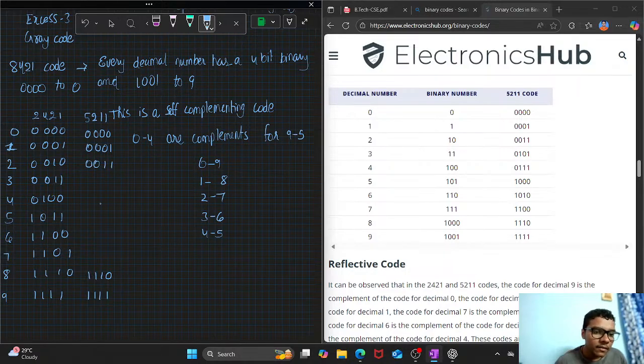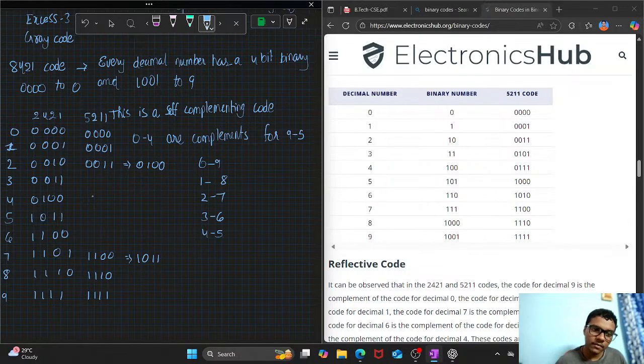If you write this, then this should be 1100. Actually, for 2, you can write this also, 0100 technically, but the complement will become 1011, which is also correct.